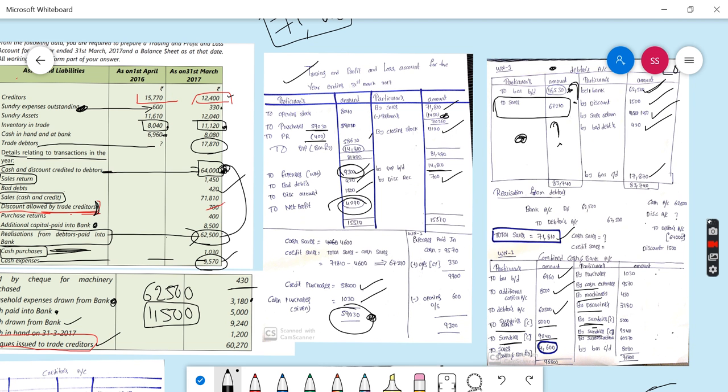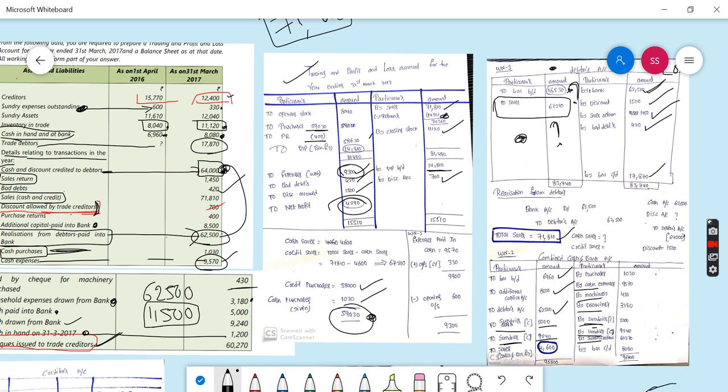And then at the end we have paid check issued to trade creditors. So we have given a check to the creditor. So creditors account debit to bank account. In the bank account, by creditors 60,270. Done. And then here check in hand of 1,200 we should not include anywhere, because they mentioned in the question that cash in hand and at bank at the closing balance as on 31st March 2017 is 8,080.